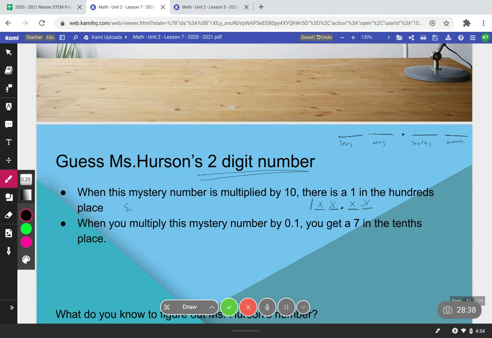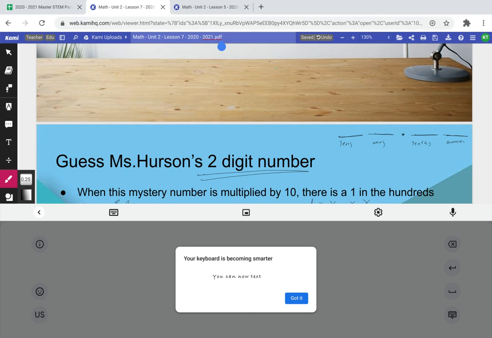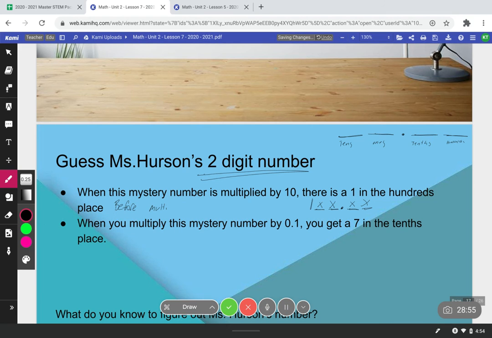So before we multiplied by 10, the mystery number was in the tens place because it increased a place value when we multiply by 10.